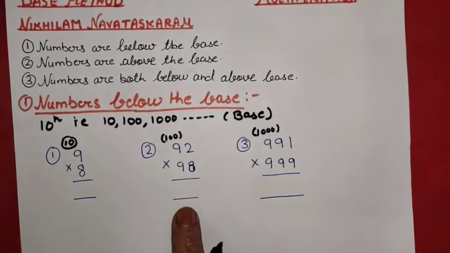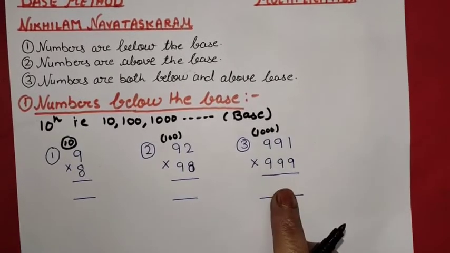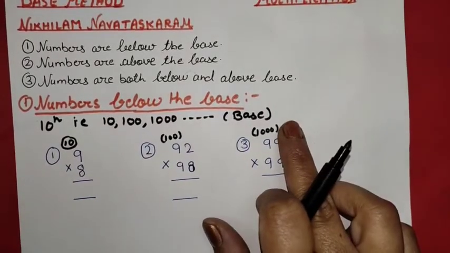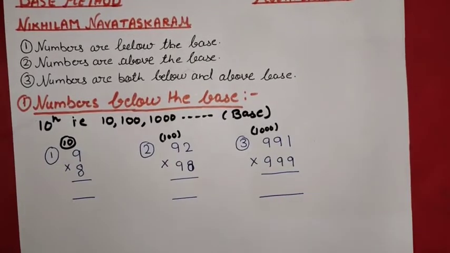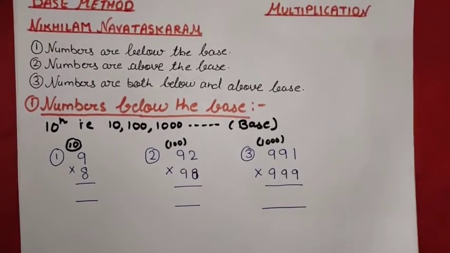So these two numbers are below the base 100. Now these two numbers are less than base 1000, or we can say they are below the base 1000. I hope the concept of base is clear to you, that what the base actually is.